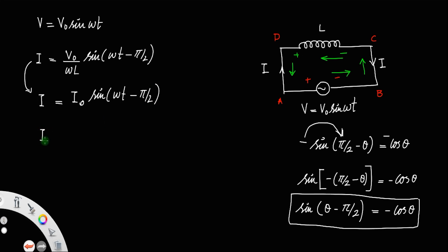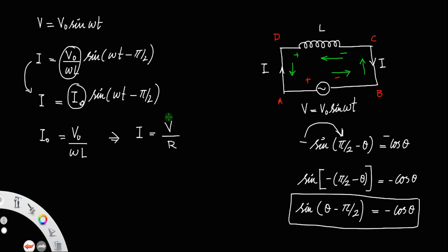Here I0 stands for V0 divided by omega L, comparing with the expression. Now let us consider Ohm's law. Current in the circuit is the voltage divided by resistance.